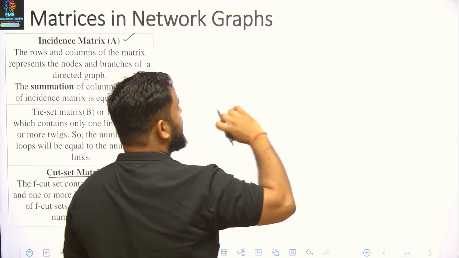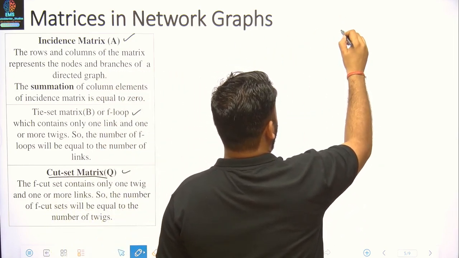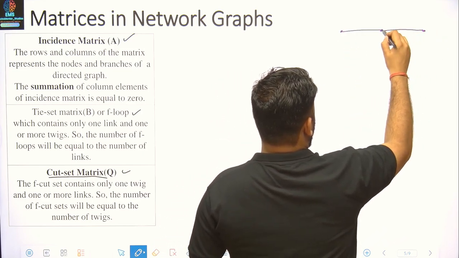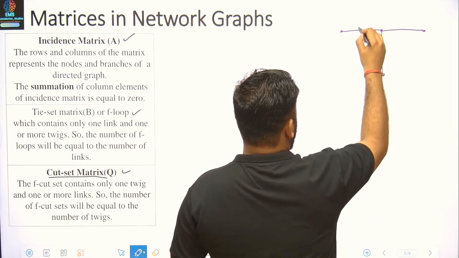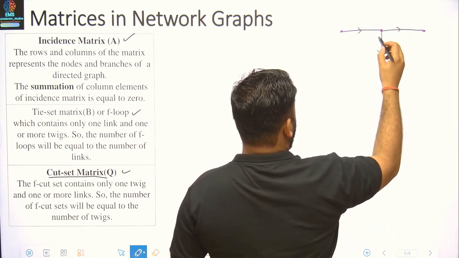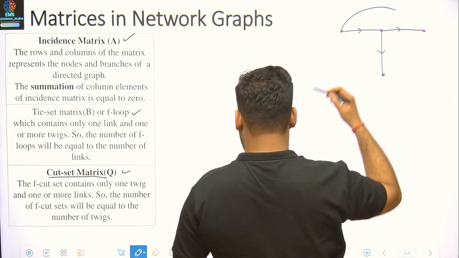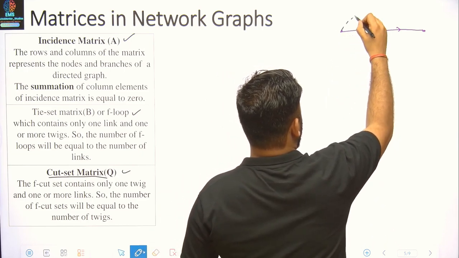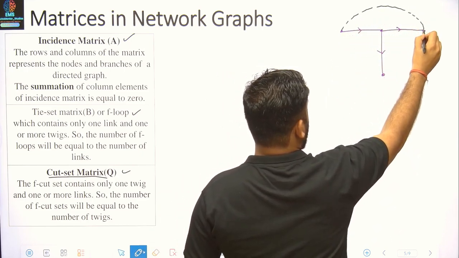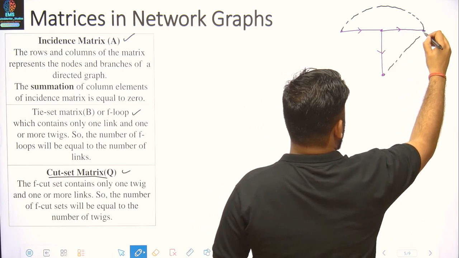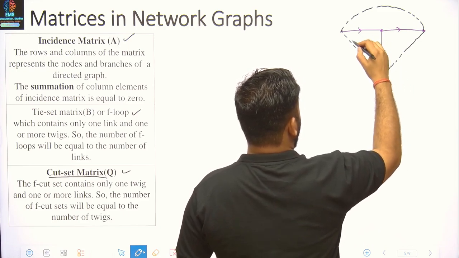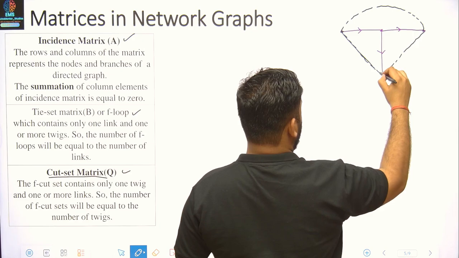So we'll consider one simple graph. We'll take the same graph again. It's an oriented graph. Let's just draw solid lines first.